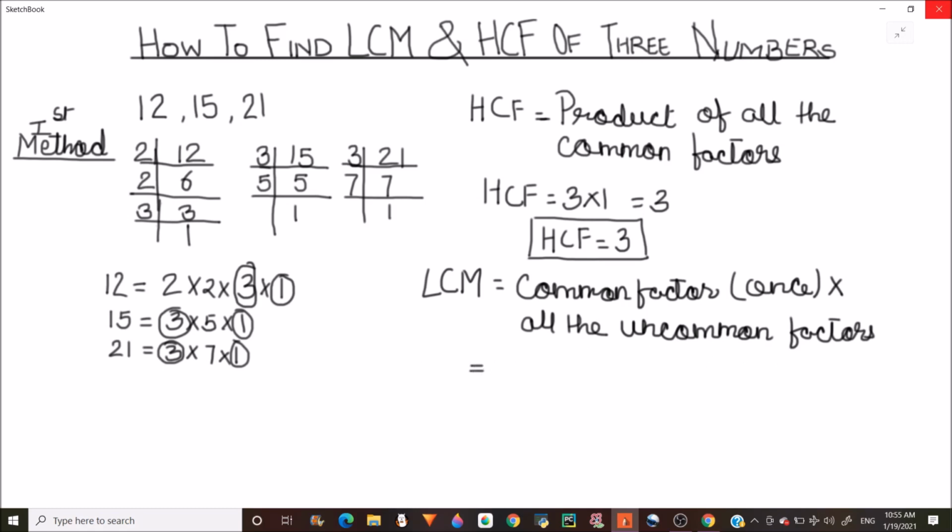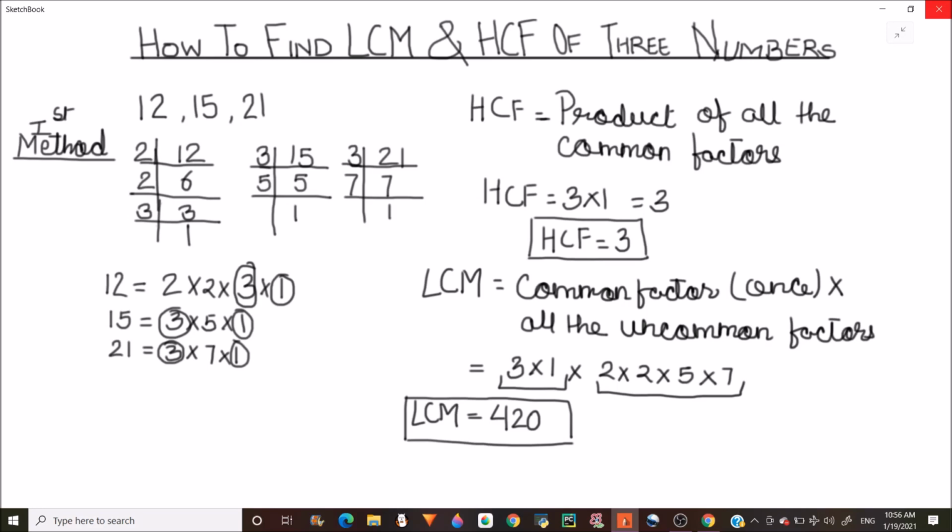So here we have common factors as 3 and 1, and the rest of the factors are 2 times 2 from 12, 5 from 15 and 7 from 21. So these are all the uncommon or rest of the factors. So our LCM will become 420. So this is how you can find the LCM and HCF of three numbers.